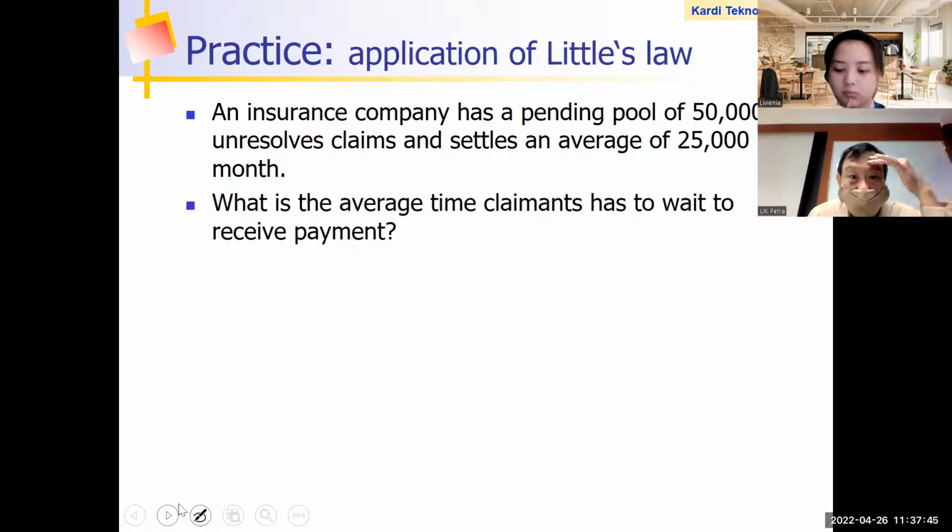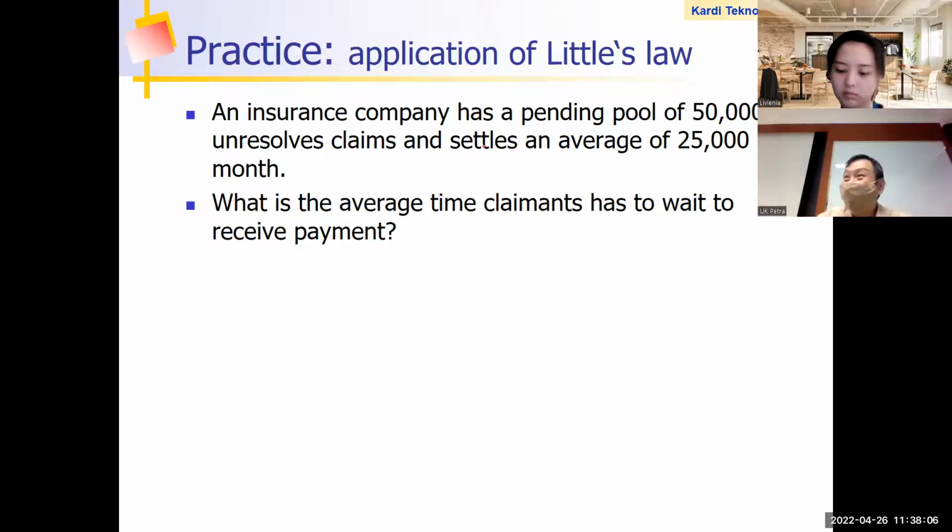Let's check here. Say an insurance company has a pending pool of 50,000 unresolved claims and settles on average only 25,000 per month. The question is, what is the average time a claimant has to wait to receive the payment?